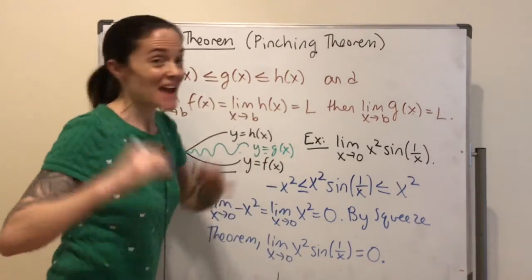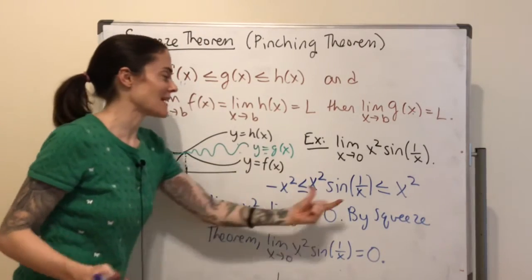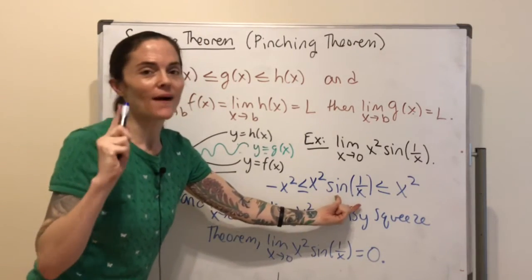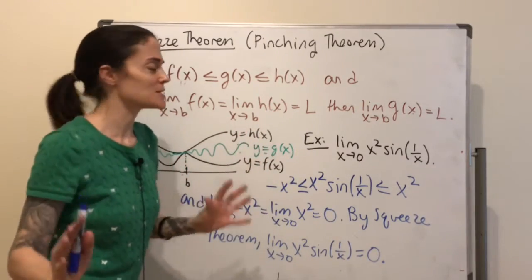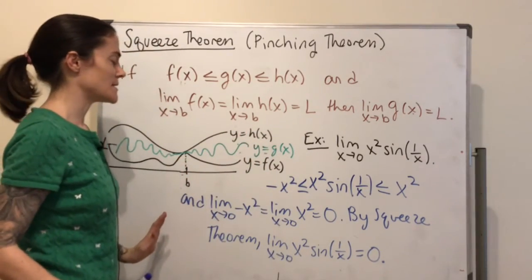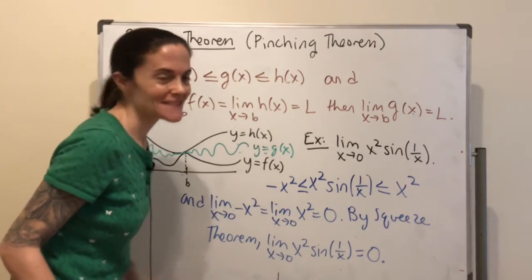Okay? And we didn't have to really think about this complicated part, since we knew it was sat between 1 and minus 1. It helped us use this squeeze theorem and figure out the limit.